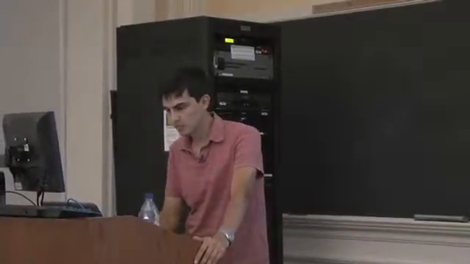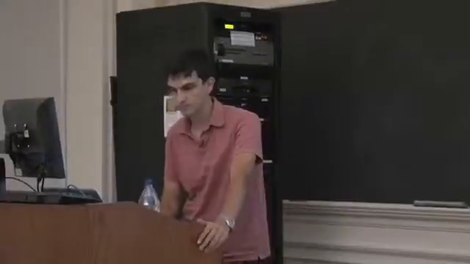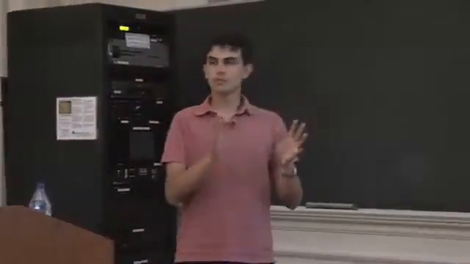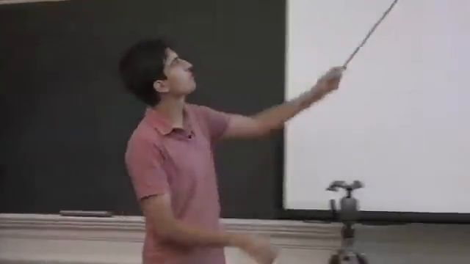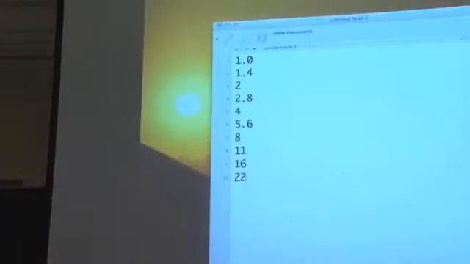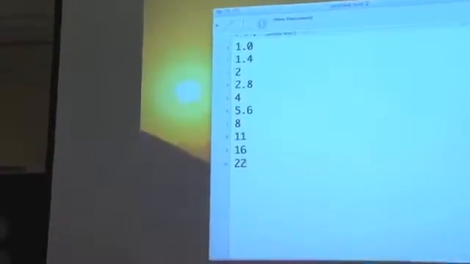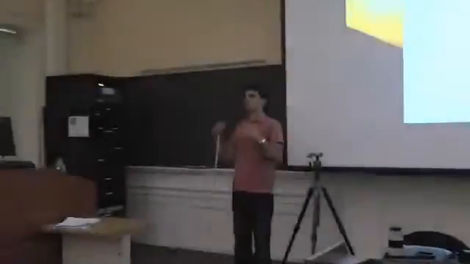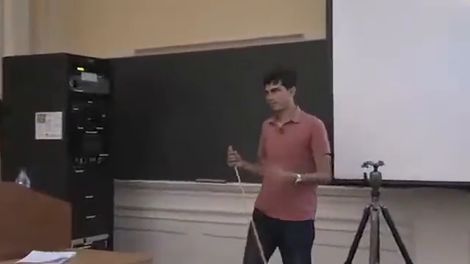But what's most important to remember, besides the trick of memorizing 1.0 and 1.4 and doubling them, is that the lower the F number, the brighter the image.